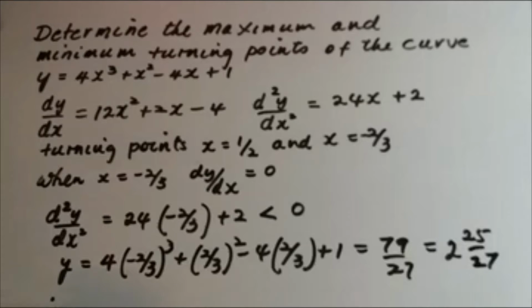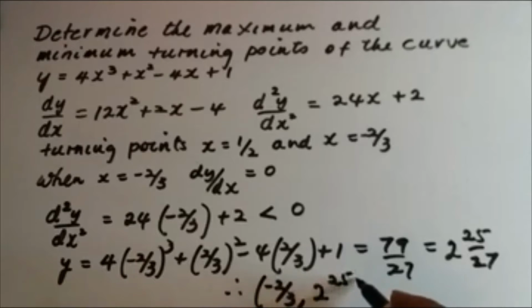So therefore we have that x at minus 2 over 3 and y at 2 and 25 over 27 is a maximum turning point.